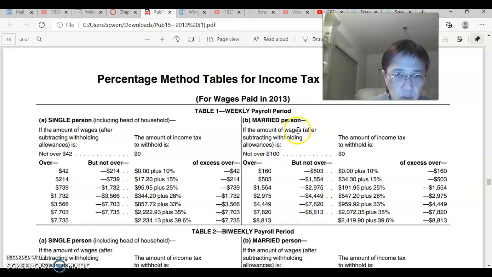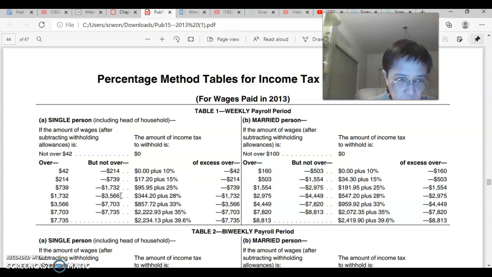He is single, okay, percentage method, single, paying weekly, single person, and after the withholding amount, he made the $2,115. $2,115 is over the 1,732, but below the $3,566.